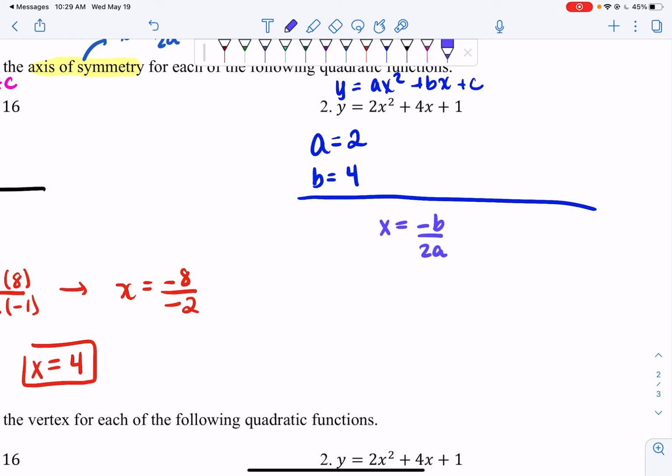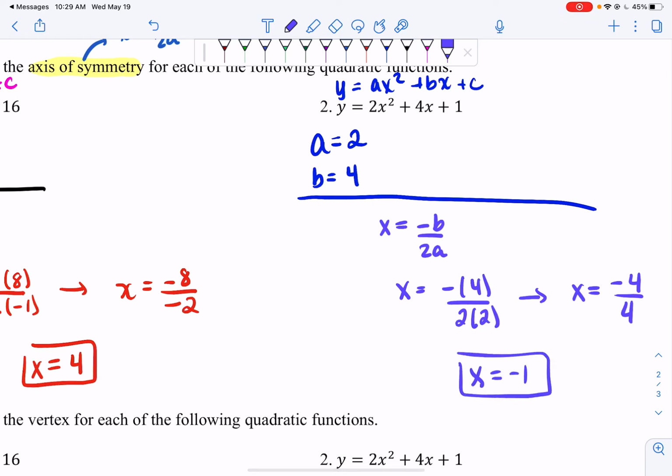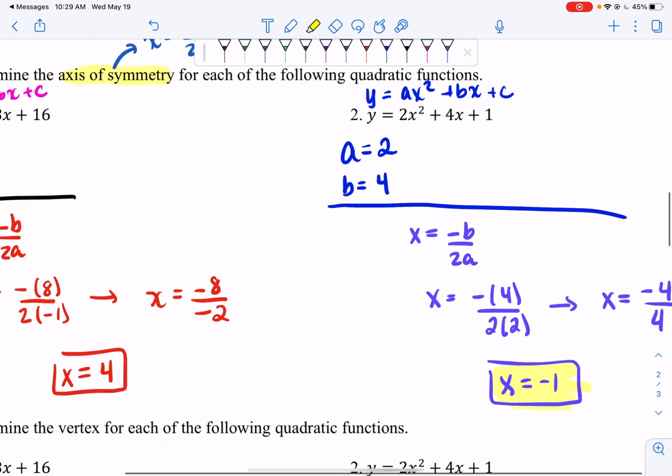So I'm going to be doing negative 4 over 2 times a, which is 2. What's the negative of a positive 4? It's negative 4. What's 2 times 2? 4. What's negative 4 divided by 4? Very good, negative 1. So my axis of symmetry for this quadratic is x equals negative 1. And that's your final answer.